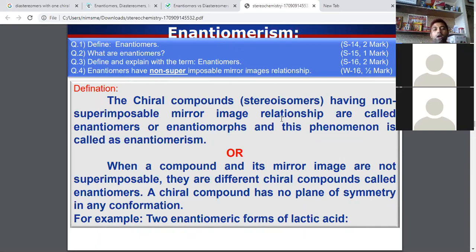Or when a compound, any molecule, and its mirror image are not superimposable, they are different chiral compounds called enantiomers. They make a mirror image, but these two mirror images are not superimposable.